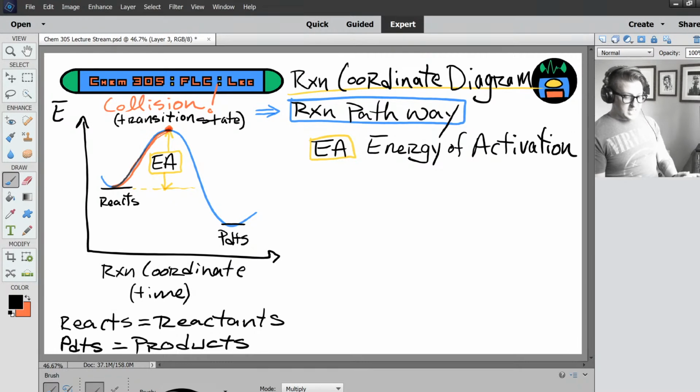All right, there's a second thing that we can get out of this graph, and that is the difference between, I'm actually gonna make it a different color.